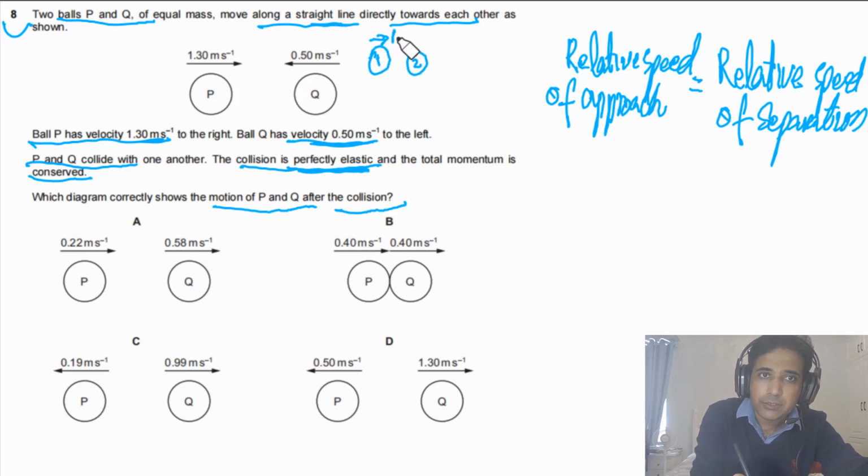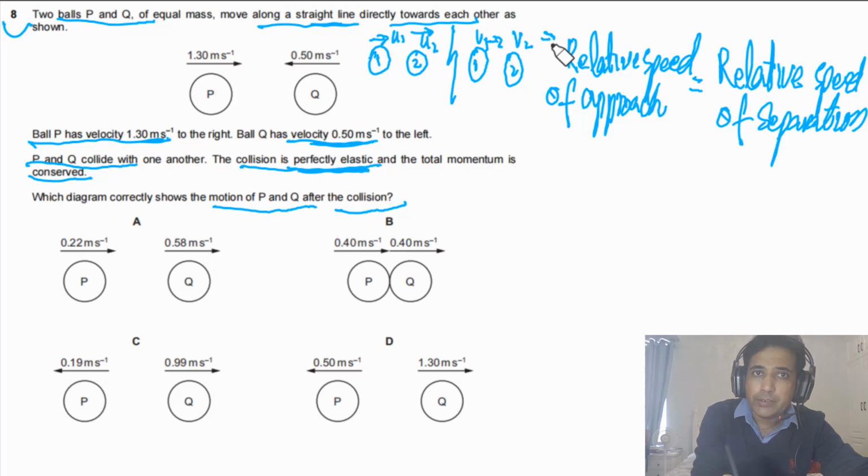This ball has initial velocity u1, this one has u2, and after collision, ball 1 has velocity v1 and ball 2 has velocity v2, and they're all just moving to the right, in one direction. In this case, the relative speed of approach, if this is a perfectly elastic collision, has to be equal to the relative speed of separation. So how can we write down the relative speed of approach for these two balls?